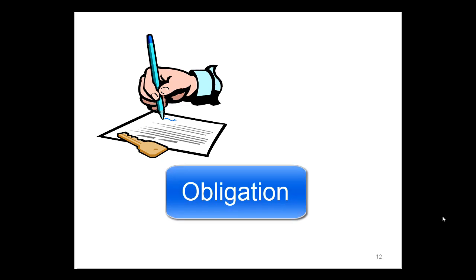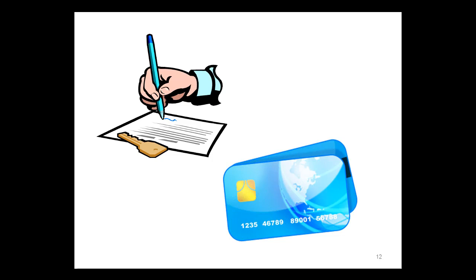Once the payments are finished, the obligation goes away. Using your credit card to buy some new clothes involves a similar process. When you sign the credit receipt, you are promising to pay the bill within a certain number of days after you receive it. This is also an obligation. Once you pay that bill, the obligation ends.